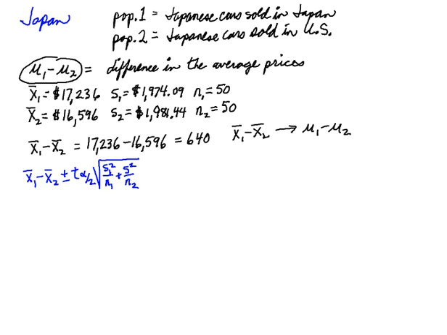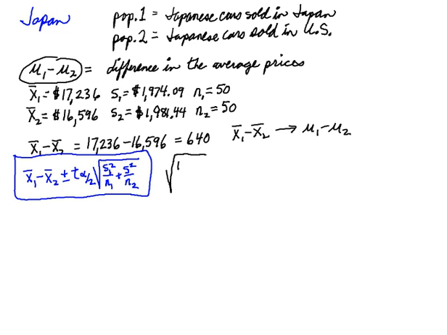Our formula for this confidence interval is given here in the blue box, and I already have a point estimate value for the difference in the population averages. I got a difference in the sample averages, and I've got that at 640. I now need to get a standard error value, so let's compute that.